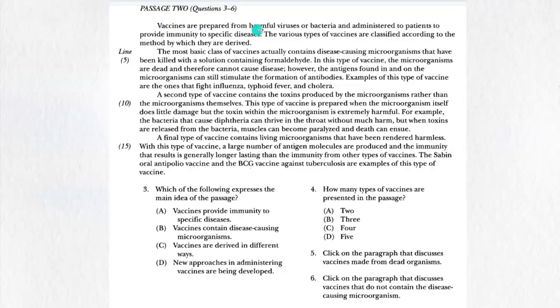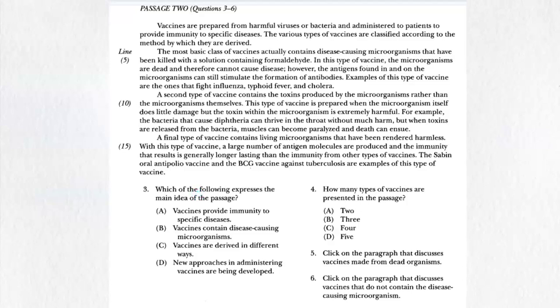Vaccines are prepared for harmful viruses or bacteria. The most basic class of vaccines contains disease-causing microorganisms that have been killed. A second type of vaccine, a final type of vaccine. So it's explaining the different types of vaccines and how they're made.